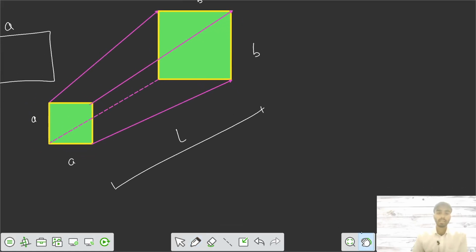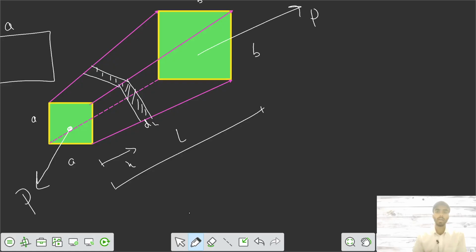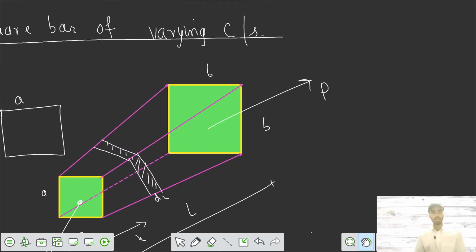So taking a strip dx at X from A, and you apply force. Initially you had applied an external force of P. You need to calculate the total deformation in this bar.